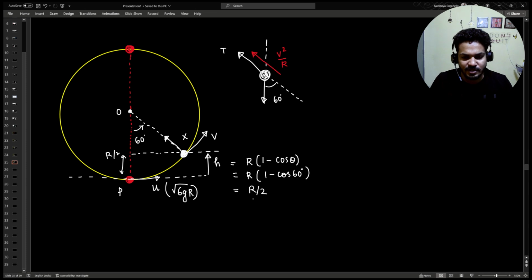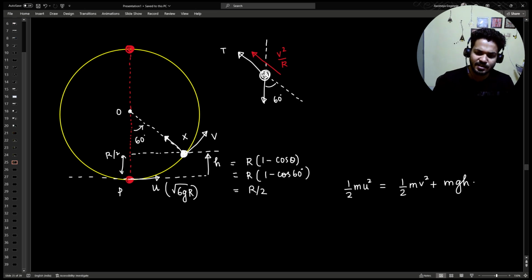R by 2. So conservation of energy says whatever is the energy given at the bottom, half mu square, that's the only kinetic energy, becomes equal to half mv square plus mgh. Energy conservation, guys.